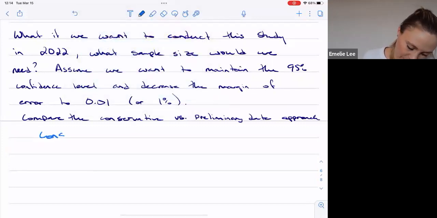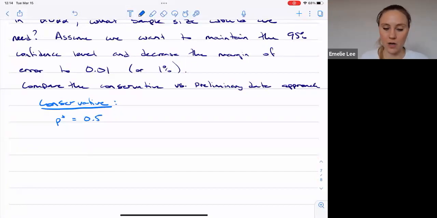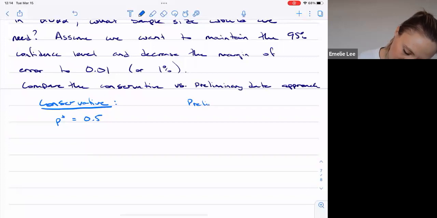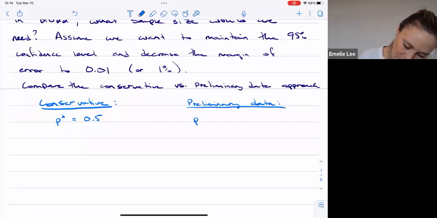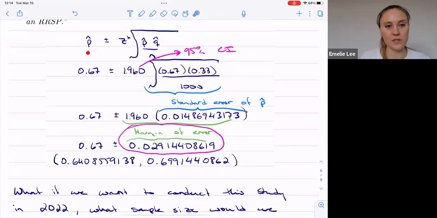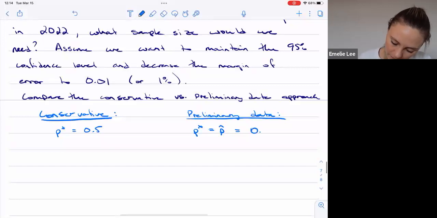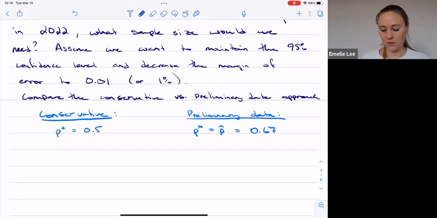The conservative approach uses p star equal to 0.5, a good jumping off point. Whereas the preliminary data approach uses p star equal to p hat, which in this case is 0.67. So notice how there's a little bit of a shift here.